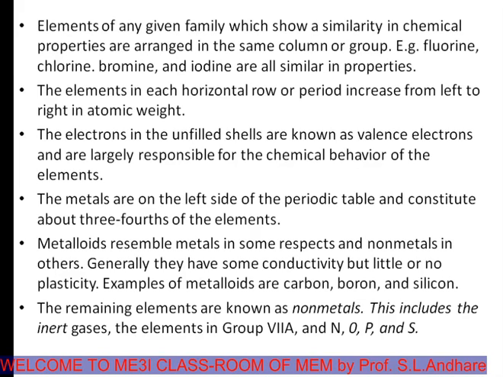Okay, the metals on the left side of the periodic table constitute about 3/4 of the elements. That means 3/4 of the elements are located on the left side of the periodic table. Some of the elements are metalloids.